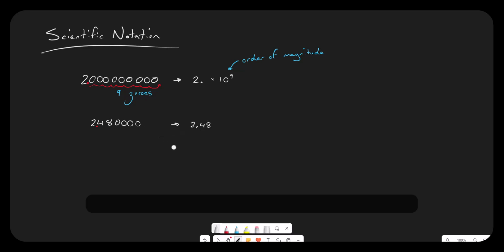I'm not going to write trailing zeros on this one. And then I have to move the decimal back to where it was, or write how far it would take to do that. 1, 2, 3, 4, 5, 6. I'm going to move it 6 places, so I'm going to say times 10 to the power of 6.